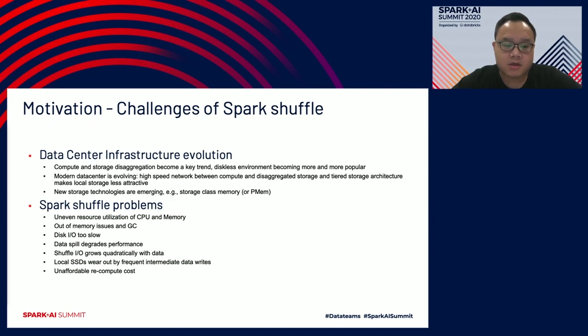Because Spark Shuffle has a disk spill, it will further degrade your performance. When you have more data, your shuffle I/O will increase dramatically and hurt your performance. Even if you are using SSD as a local shuffle media, it's going to wear out because the endurance is not very good. And for some typical jobs, it takes so long that you cannot even afford the recompute cost. So those are the typical challenges Spark clusters are facing today.